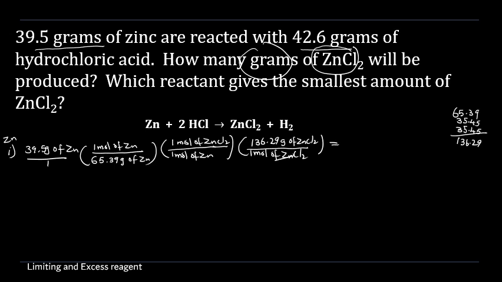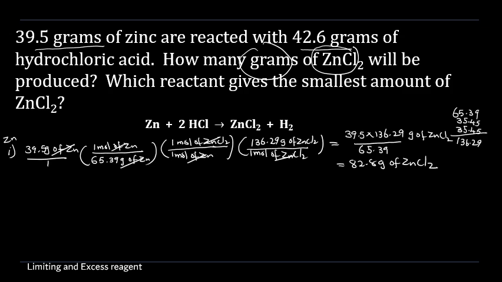So moles of ZnCl2, moles of Zn, grams of Zn will cancel, and I will have grams of ZnCl2 in the numerator, and the other numbers are 39.5 times 136.29 divided by 65.39, and the unit here is grams of ZnCl2. So I will have 82.8 grams of ZnCl2.